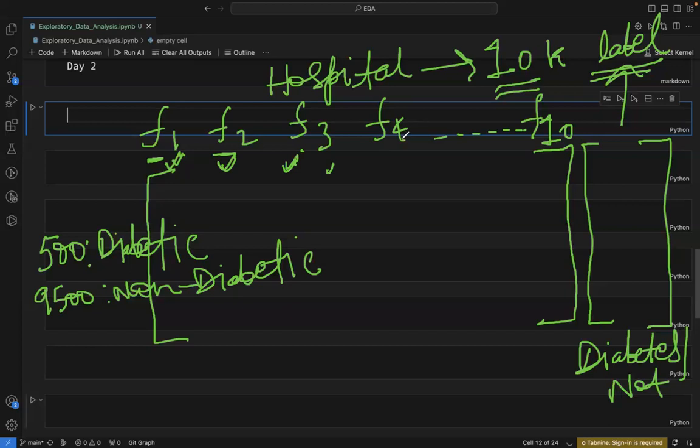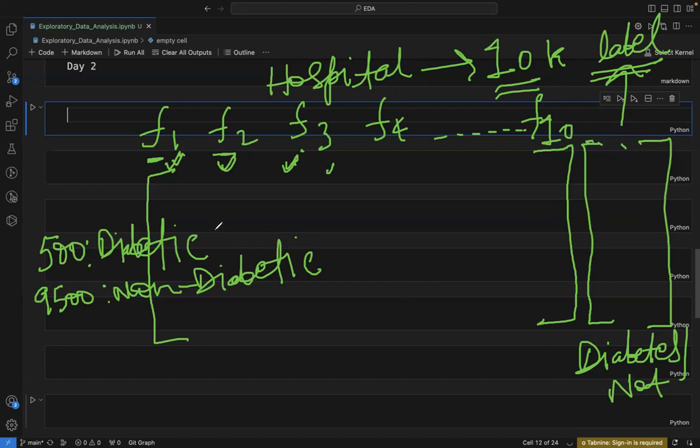Now we have to predict whether the patient has diabetes or not. This is my prediction task. Considering these features, I have to predict whether the patient is diabetic or not. The data set that we are seeing right now is imbalanced because we have two class levels here.